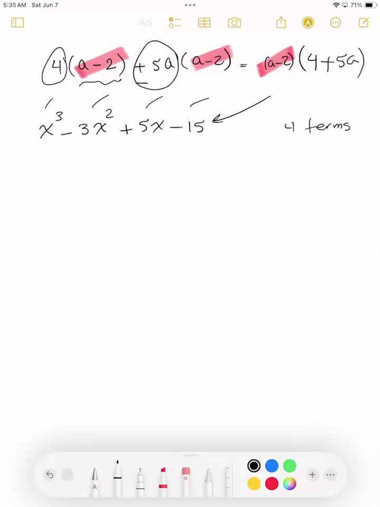So you have 4 terms. When you have 4 terms, we have to think of group factoring. How does group factoring work? You take the first 2 terms together, and then you take the next 2 terms together. So you say, what is the common factor between the first 2 terms? The first term has 3 x's. The second term has 2 x's.